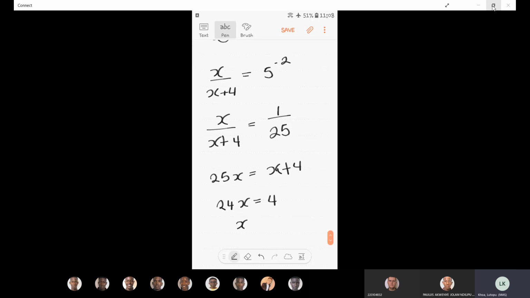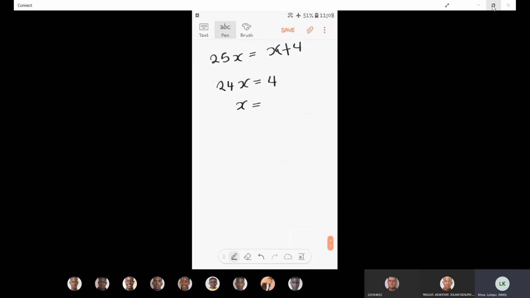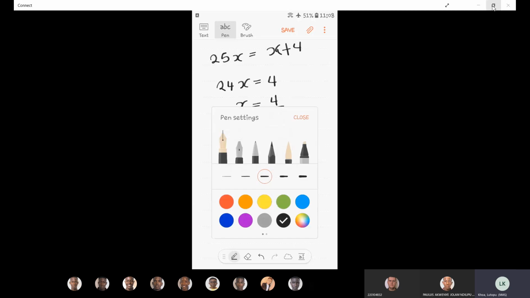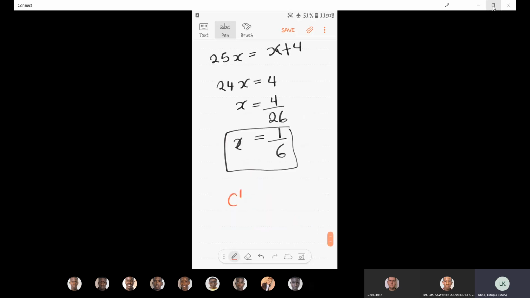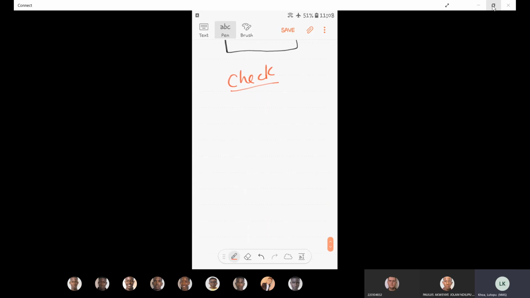And this means that x is equal to 4 over 24. And this is equal to 1 over 6. So that is my solution. As always, you need to check, see if your answer is correct.